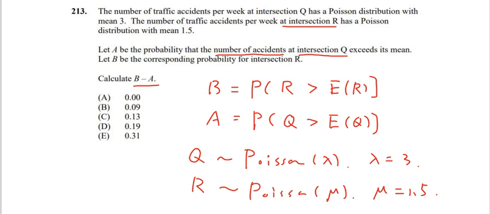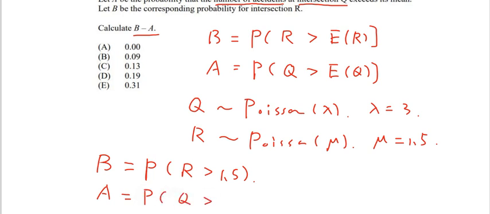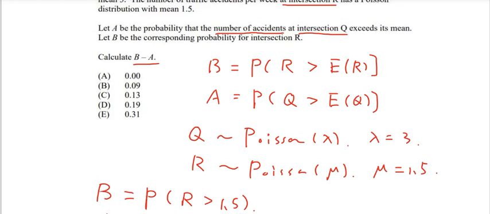So B actually becomes the probability that R is larger than E of R, which is 1.5. And A is the probability Q larger than E of Q, which equals 3. Can we include equal?